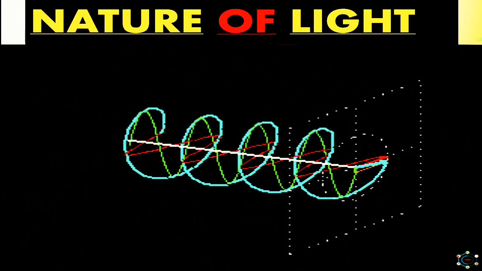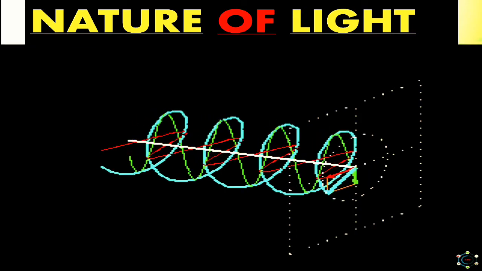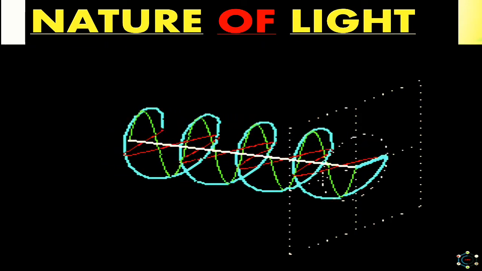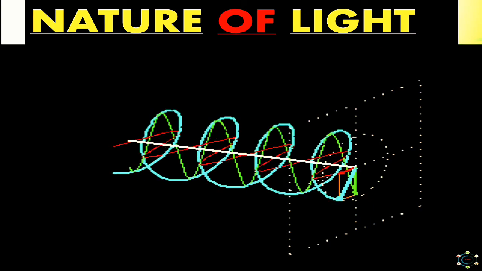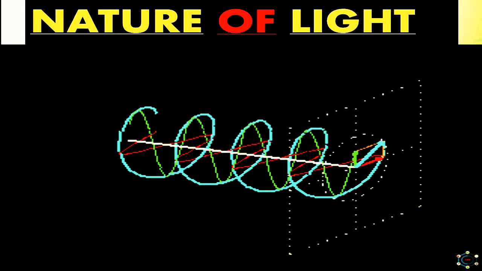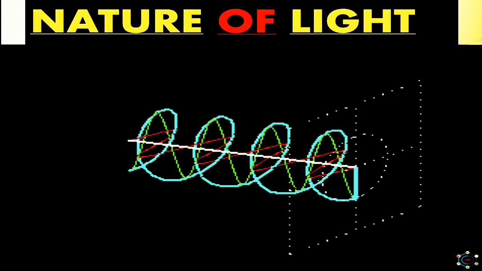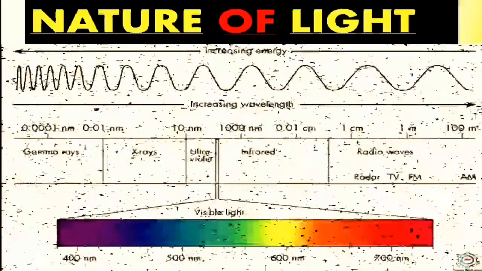Solar radiation can be divided on the basis of wavelengths. Radiations of the shortest wavelength belong to cosmic rays, whereas those of the longest wavelength belong to radio waves.